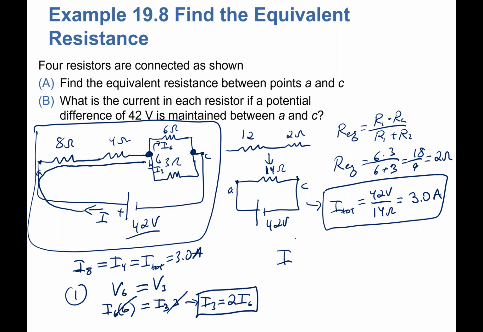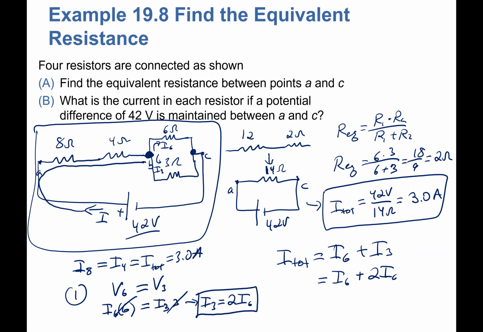Remember, the current that gets to point B is the total current. When the current gets to point B, it splits into two: the current going through the 6 ohm resistor plus the current going through the 3 ohm resistor. But what I'm saying here is that the current through the 3 ohm resistor is double the current through the 6 ohm resistor.